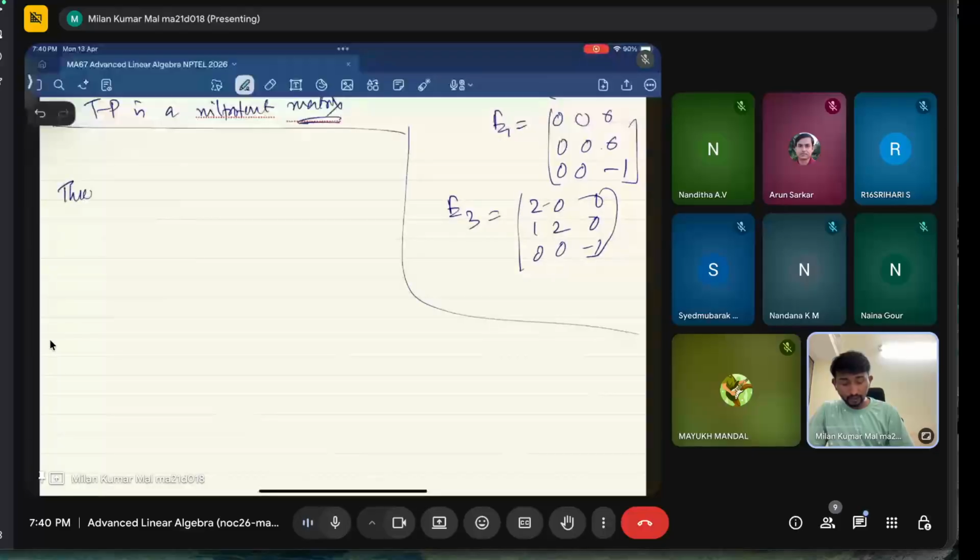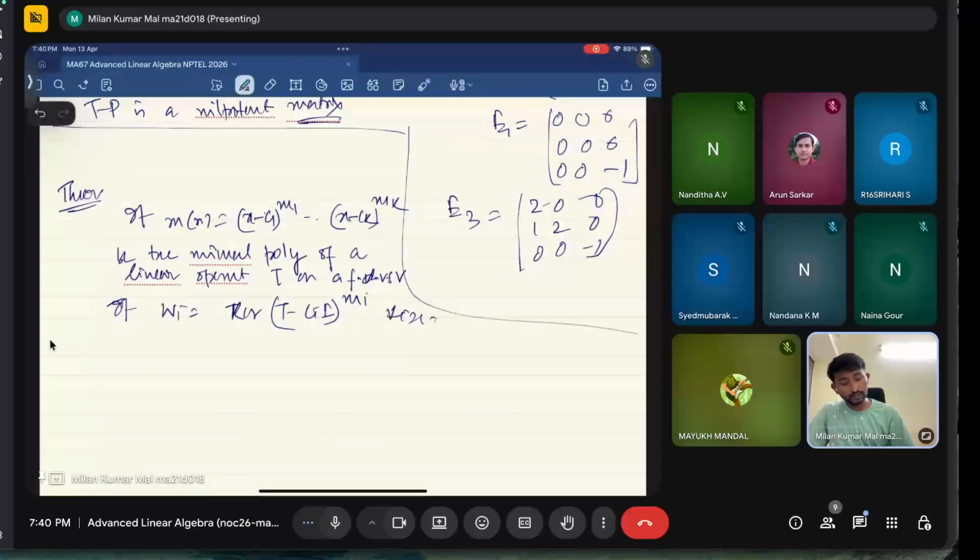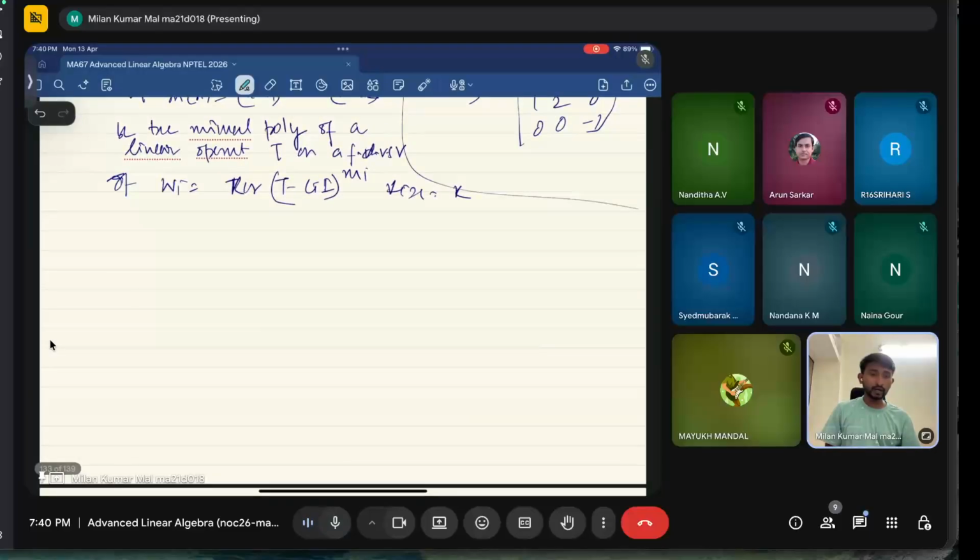If Mx equals (x minus c1) to the power m1, all the way to (x minus ck) to the power mk, is the minimal polynomial of a linear operator T on a finite dimensional vector space V, and Wi equals the kernel of (T minus Ci) to the power mi for all i from 1 to k, then by the primary decomposition theorem W1 direct sum W2 and so on equals V, and if you restrict, the invariance and all these things will hold.